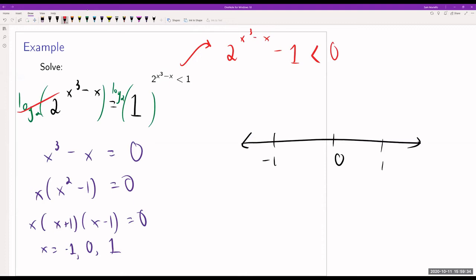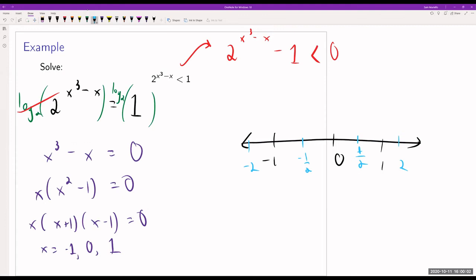Now, the nice thing here is that because I have 2 to a power, I only really care about whether the power is going to be greater than or less than 1 in each case. So let's go ahead and take a look here. So we'll use our test values. Let's say we're going to use -2, -1/2, 1/2, and 2 here.